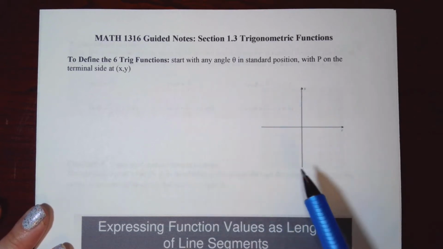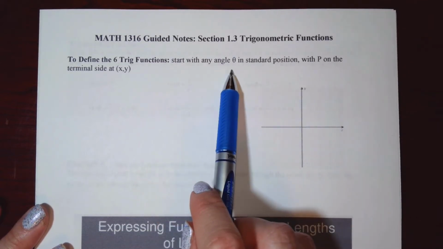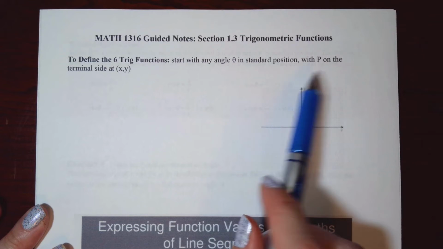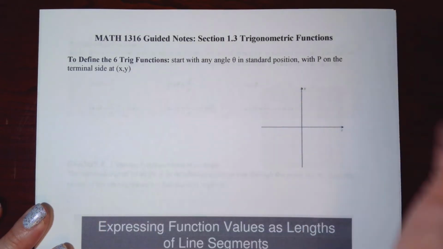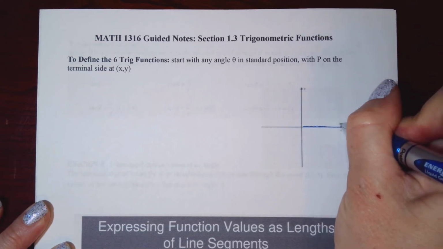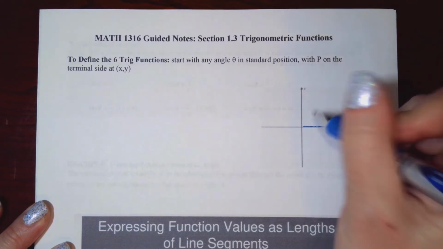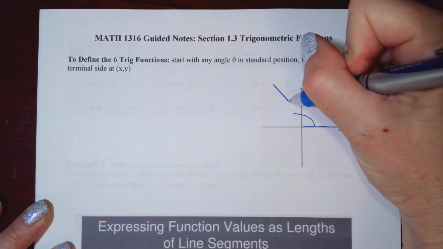So to get a basic grasp of what we're looking at, we're going to start with any angle theta in standard position with point P on the terminal side at some coordinates xy. So remember that the initial side of our angle in standard position is the positive x-axis, and let's just rotate our angle theta somewhere in quadrant 2.